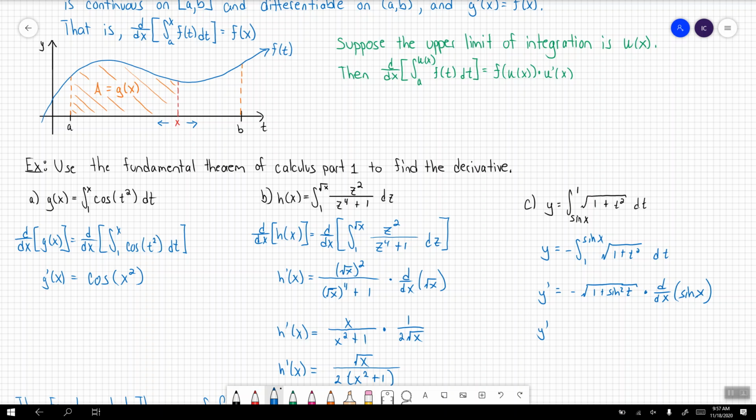So my derivative here turns out to be negative cosine of x multiplied by the square root of 1 plus sine squared of t. And there we are. That's your final answer. So that's what the fundamental theorem of calculus part 1 is telling us here.